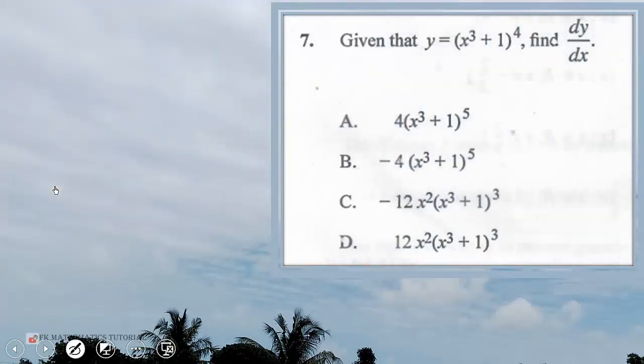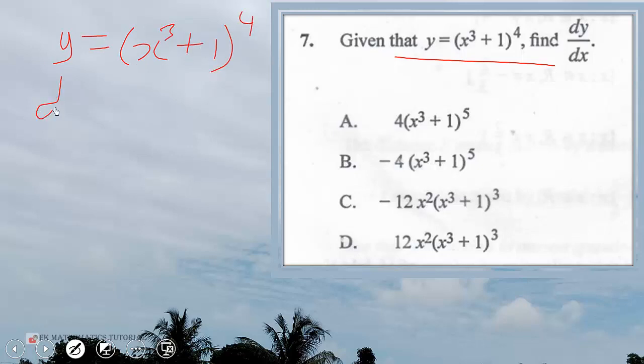Given that y is equal to x cubed plus 1 all exponent 4, find dy dx. So this is what is given to us. y is equal to x cubed plus 1 exponent 4. For dy dx, you can use u substitution.